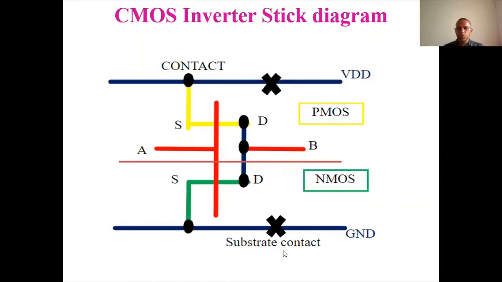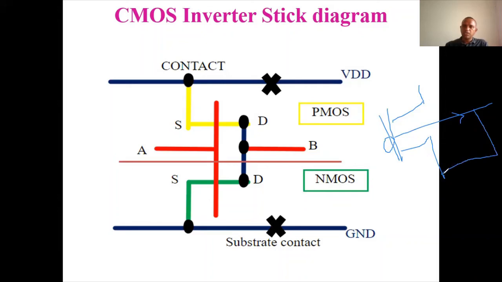So why are we going to use the substrate here? Because in the previous class, while explaining the symbols, I told that it may be either a PMOS or NMOS, no problem, it consists of one substrate. And this substrate is always connected to the source.